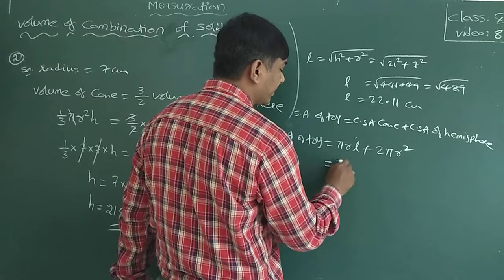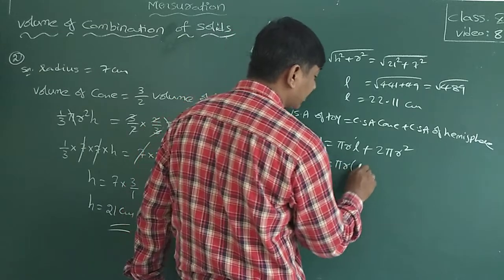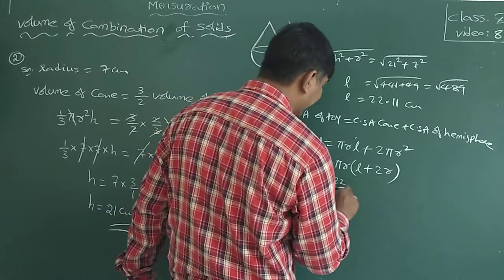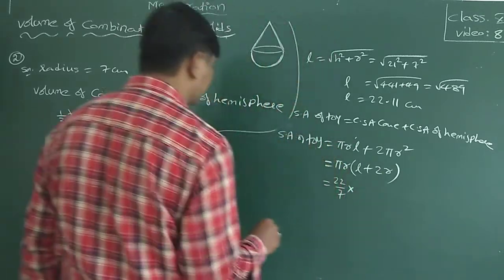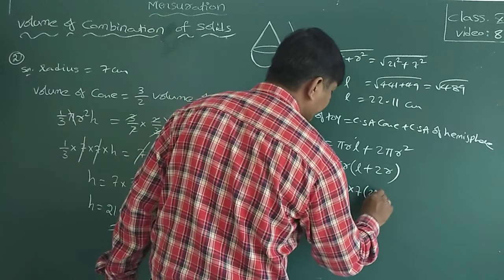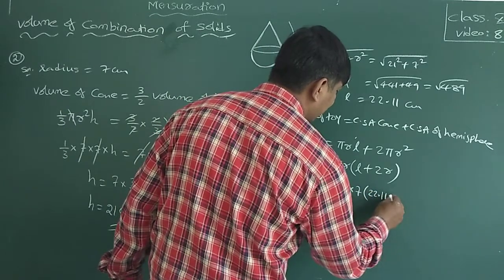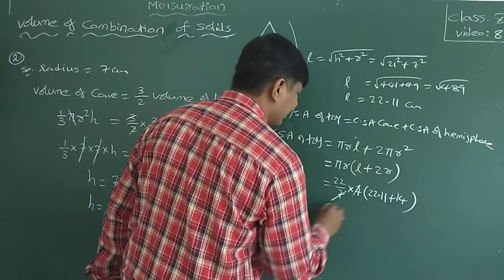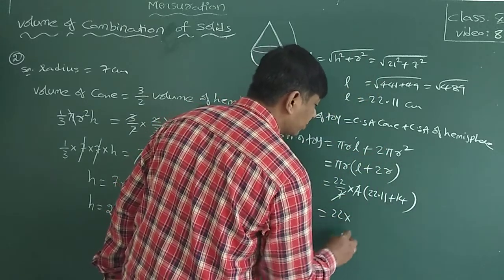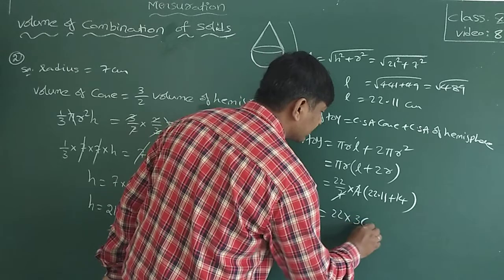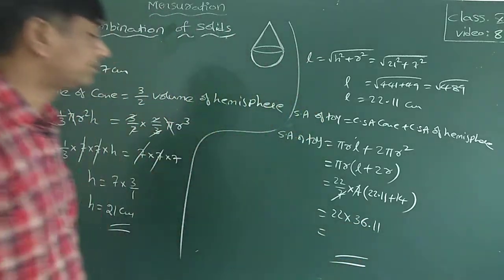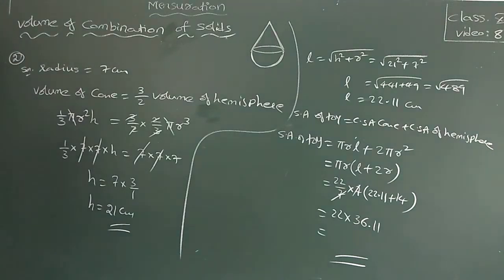Now take pi r common: pi r into (l plus 2r), that is equal to 22 by 7 into r value 7 into (22.11 l value plus 2 into 7, that is 14). 7 and 7 cancel, 22 into 36.11. Multiply and write the final answer here.